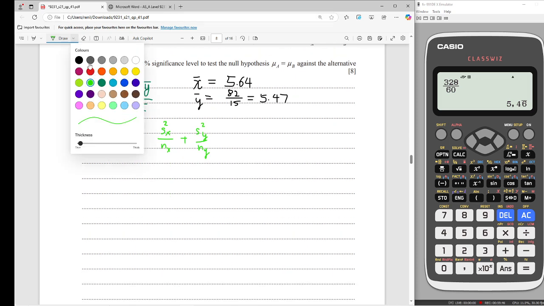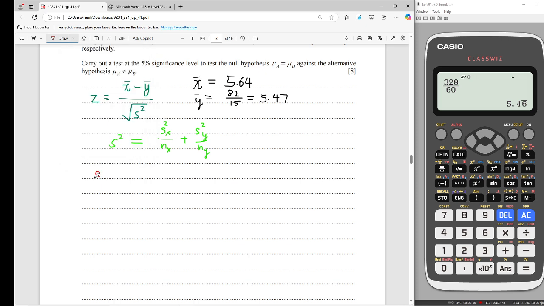So over here we can write a formula. S2x is equal to 1 divided by number of terms of x minus 1, multiplied by sum of x squared minus sum of x, the whole squared, divided by number of x terms.